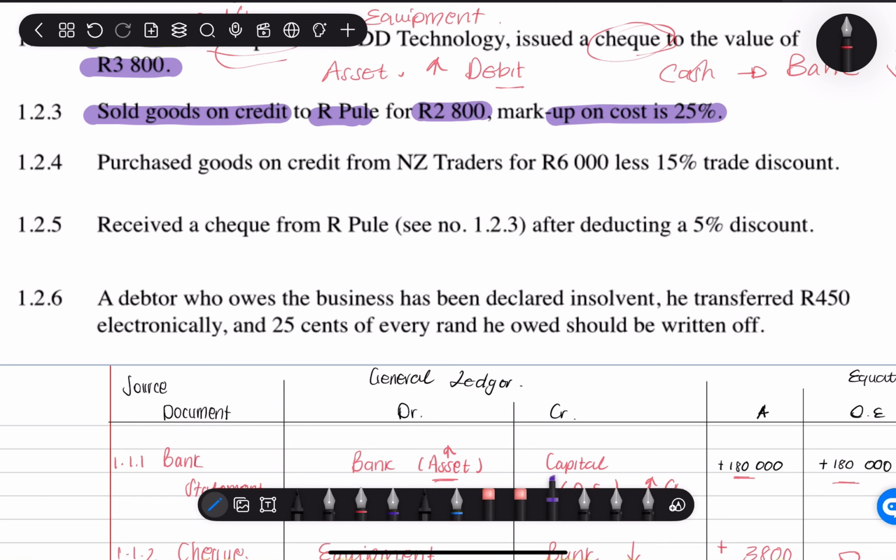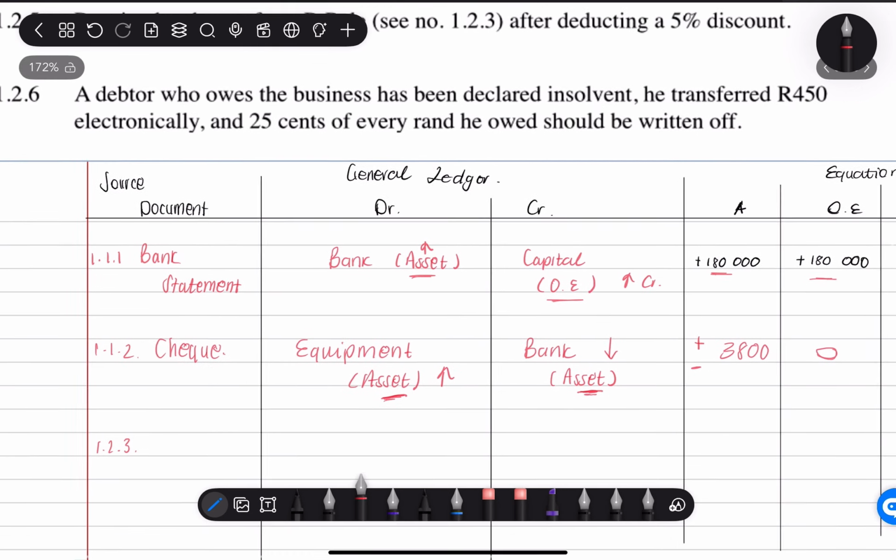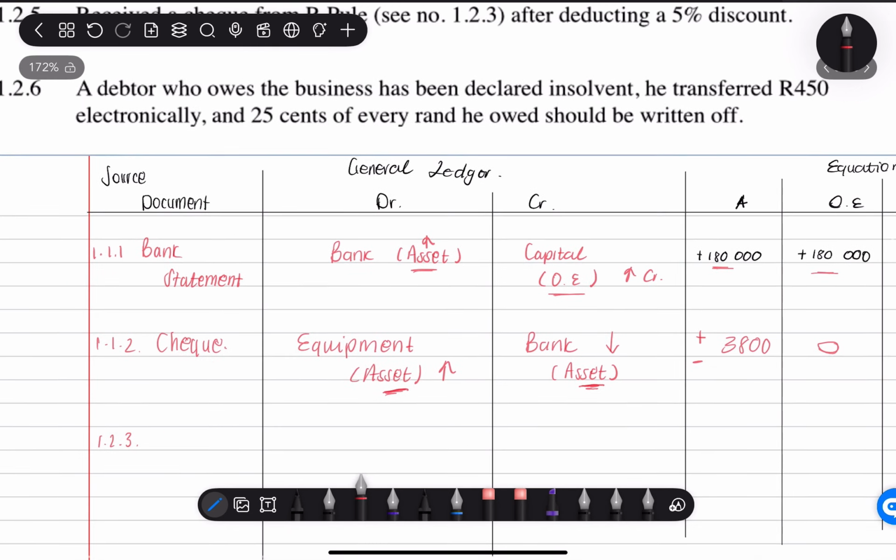Remember, perspective is important. If we are selling goods, we give customers the original invoice and we are left with the duplicate invoice. So our source document then is duplicate invoice. We are selling goods.